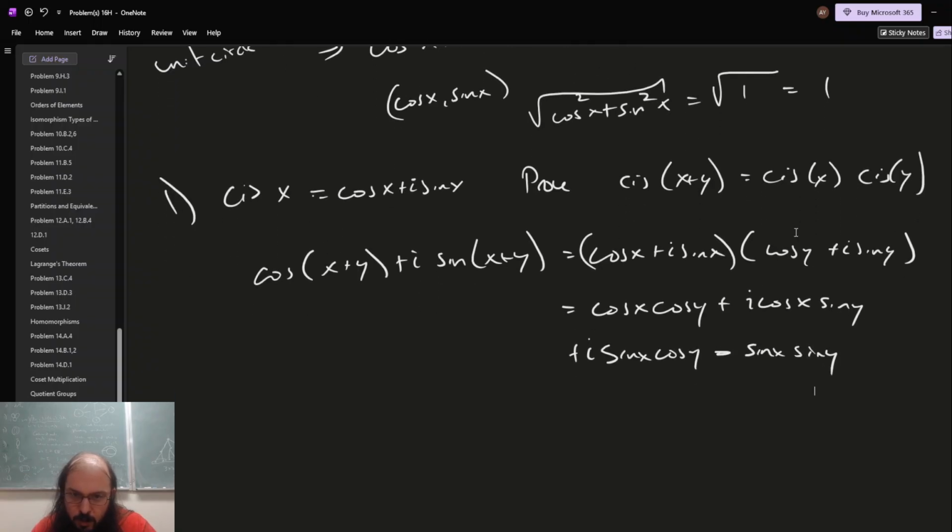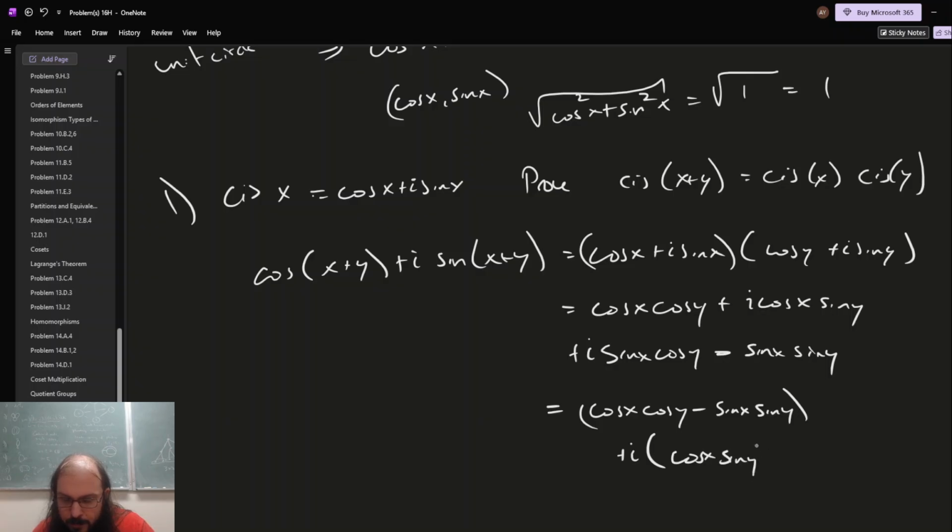And so now let me collect the real and imaginary parts. The stuff without the i's is cosine x cosine y minus sine x sine y. And with the i is plus i times cosine x sine of y plus sine of x cosine y.